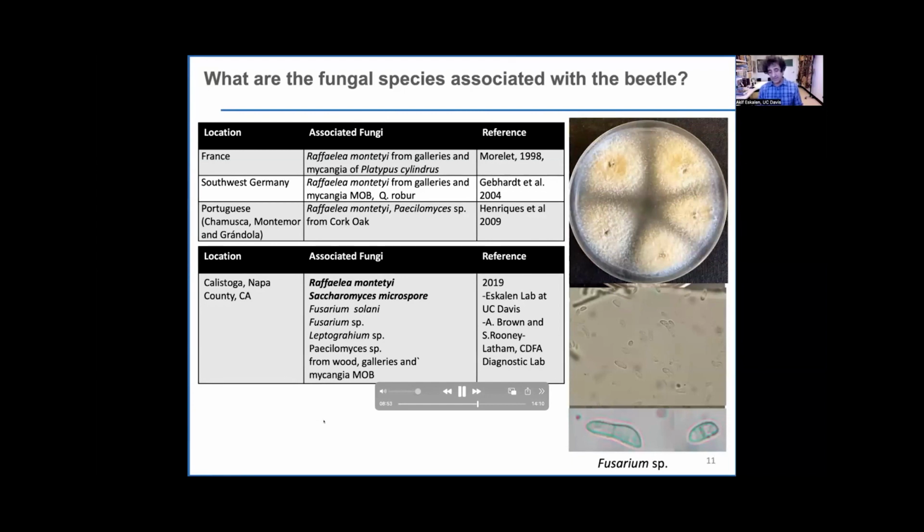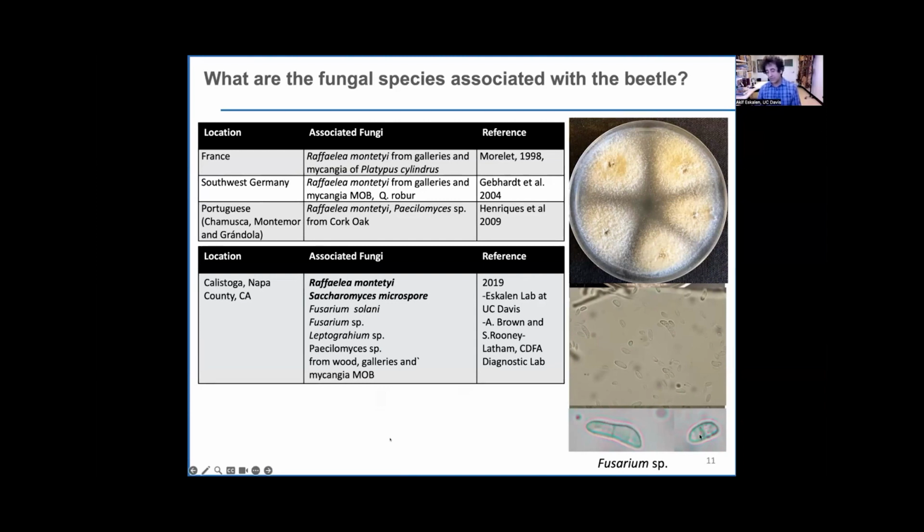So here's another one, Fusarium, which we know is associated with the Ambrosia beetle. The reason I'm saying that is that in previous work we have done with the invasive shot hole borer, they are also associated with a special Fusarium species whose conidia seem to be unique, which we call dolphin-shaped macroconidia, right here.